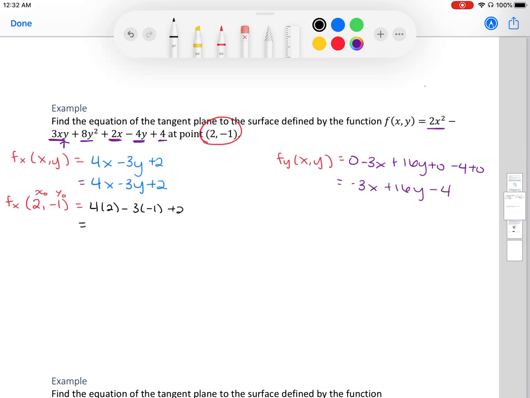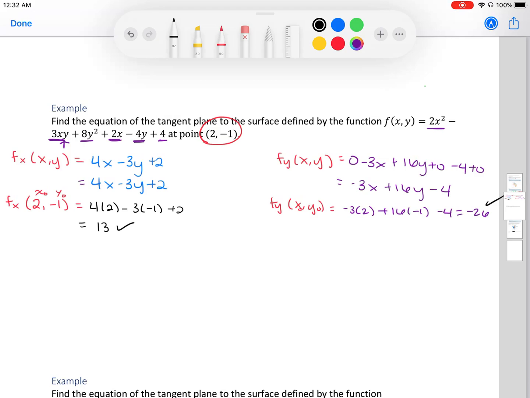Our answer is 13. That's our first important point. Next, I'll do the same thing with y. Plug in that x naught, y naught. So that we have negative 3 times 2 plus 16 times negative 1 minus 4 equals, I'm sorry, negative 26. That's going to be part of our equation too.